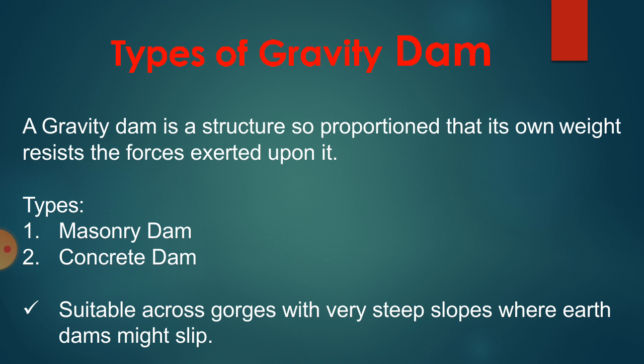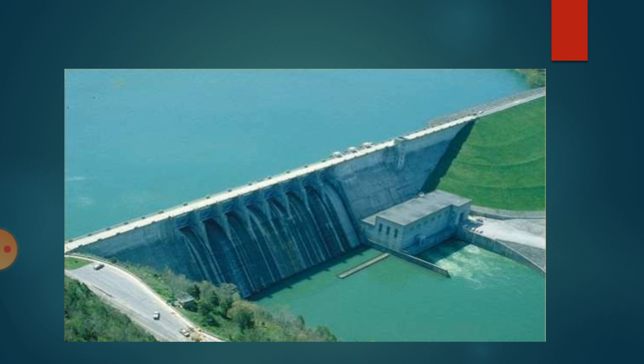A gravity dam or concrete dam may be either straight or curved in plan, suitable across gorges with very steep slopes where earth dams might slip. This is the image of the gravity dam.